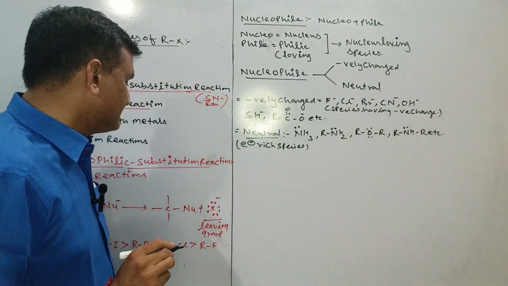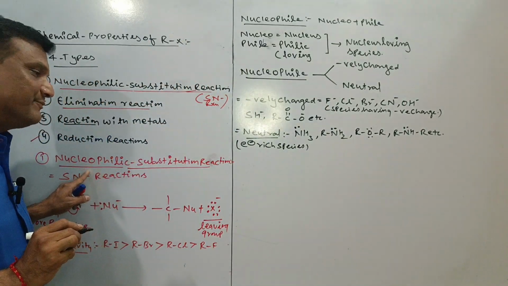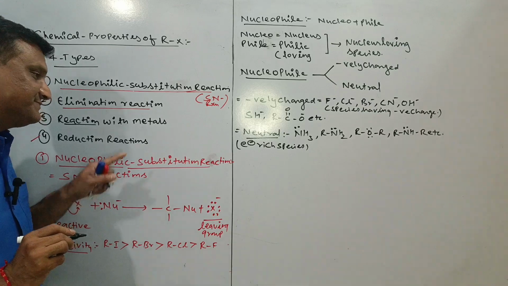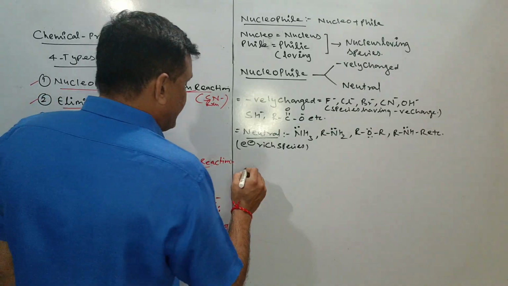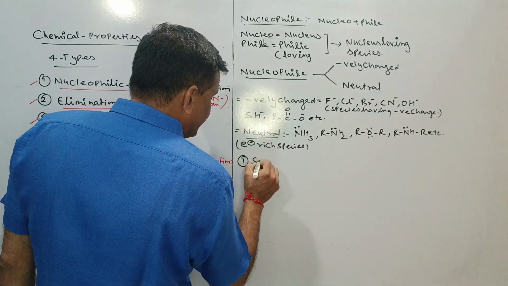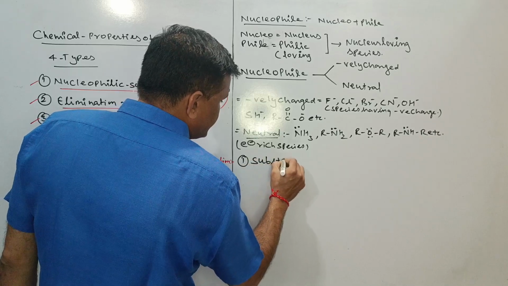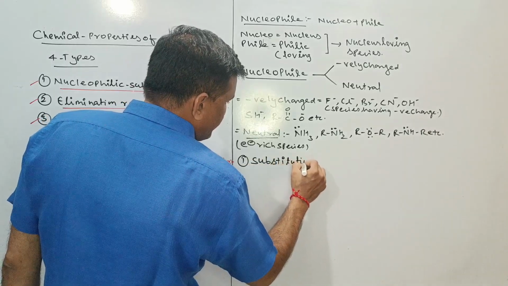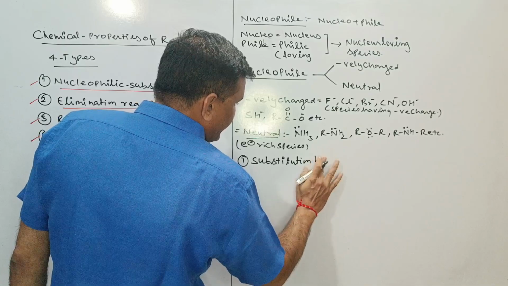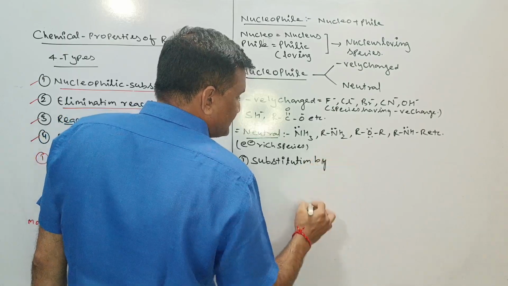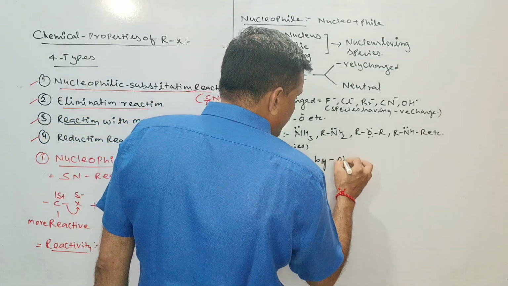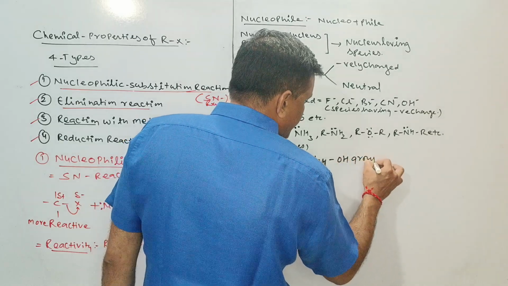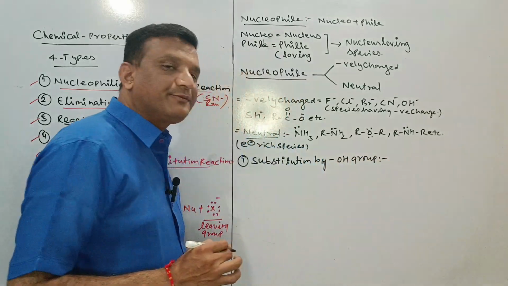Now we will go with important examples of the nucleophilic substitution reaction. First of all, very important, substitution by the OH group. It is also called the hydroxy group or hydroxyl group.